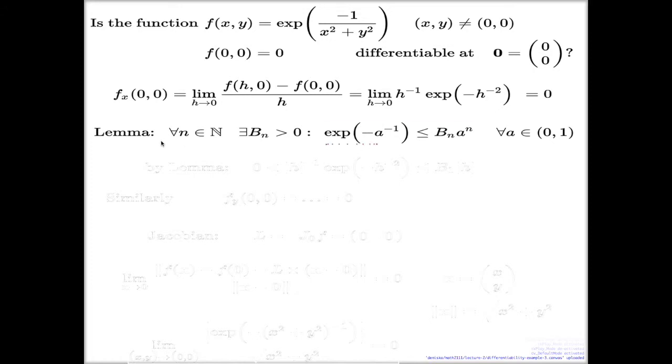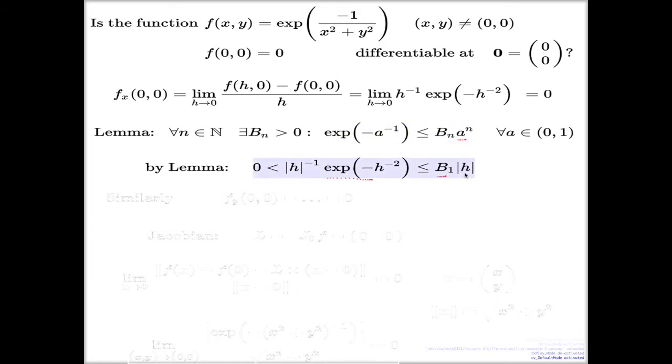If you take this lemma for n equal 1, just for n equal 1, then for this exponential you can write up this inequality, right? You control this exponential by n is 1. That's why b1 here. And here my bound will be the absolute value of h squared times 1 negative 1, if you do the arithmetic.